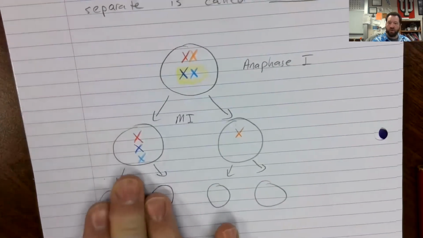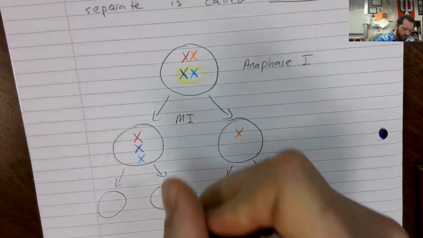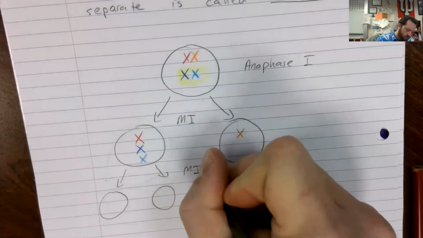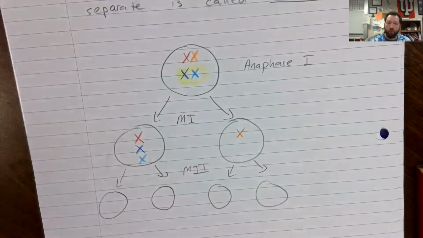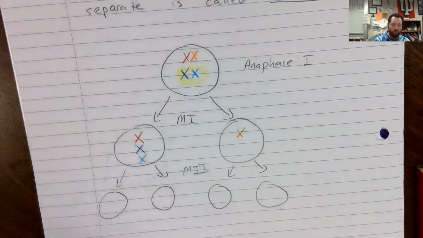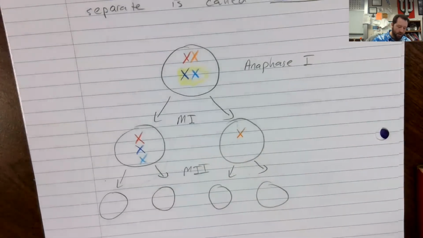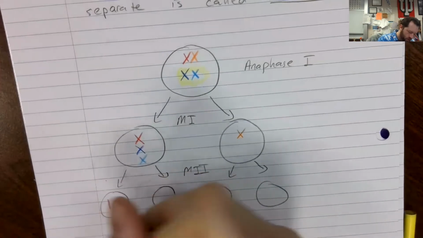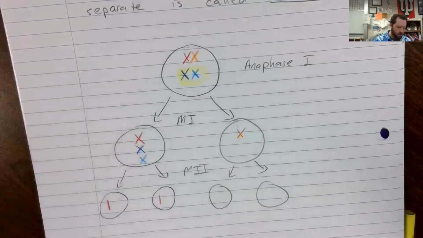We're going to assume then that during meiosis 2, the chromosomes you have remaining will separate properly, but the damage at this point has already been done.